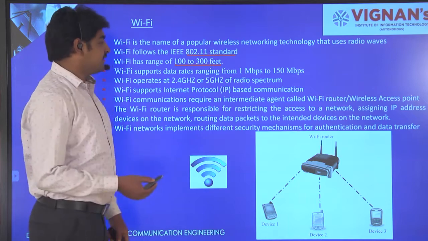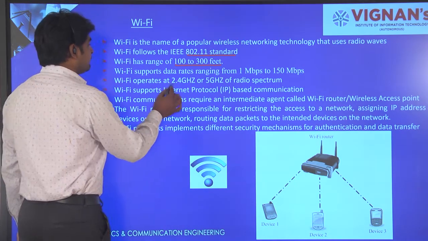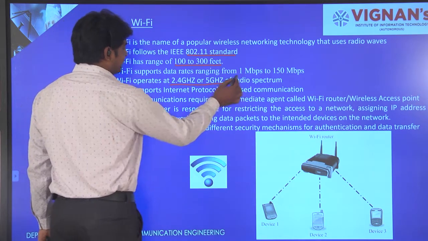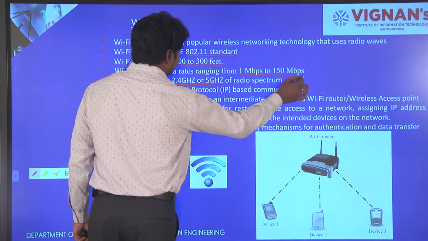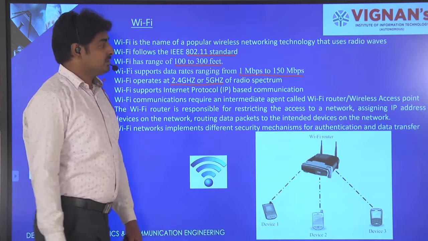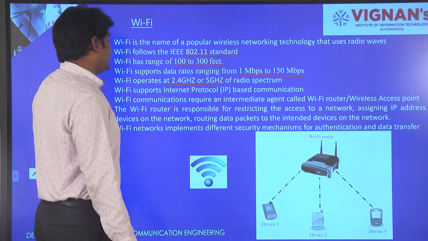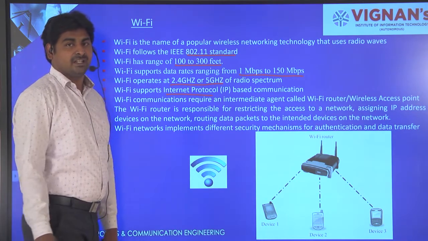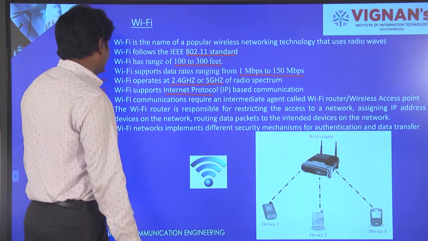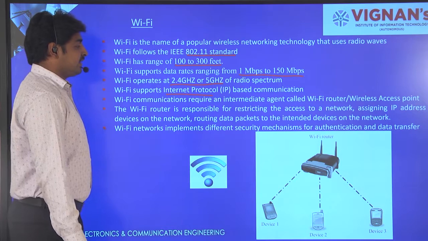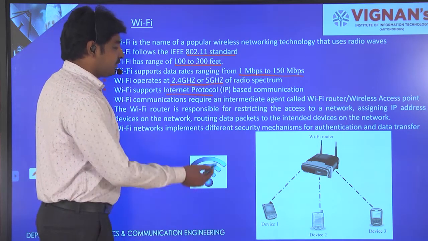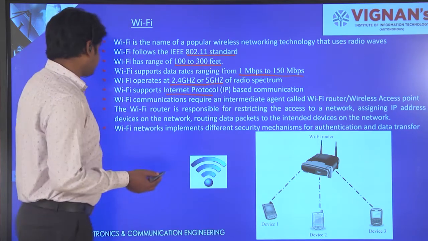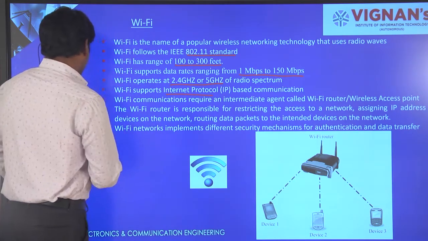So it has a larger range, and it operates at a frequency of 2.4 gigahertz to 5 gigahertz, and it supports data rates from 1 megabit per second to 150 megabits per second, and it follows the internet protocol to communicate with the devices. The Wi-Fi router is responsible for restricting access, and it can also provide protection to the devices.